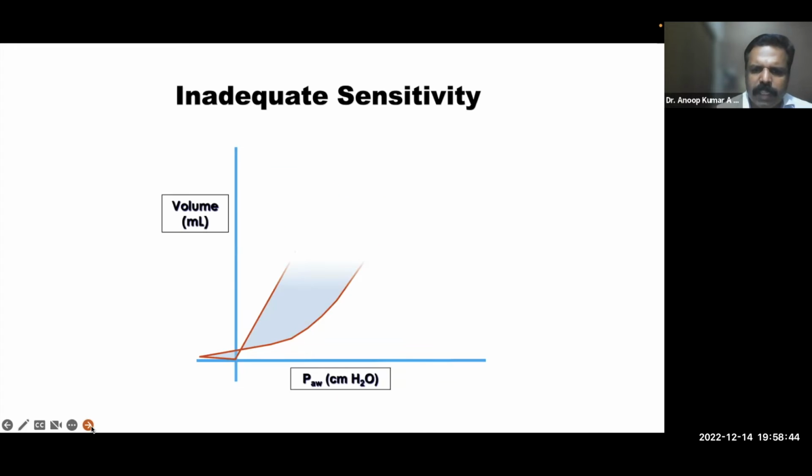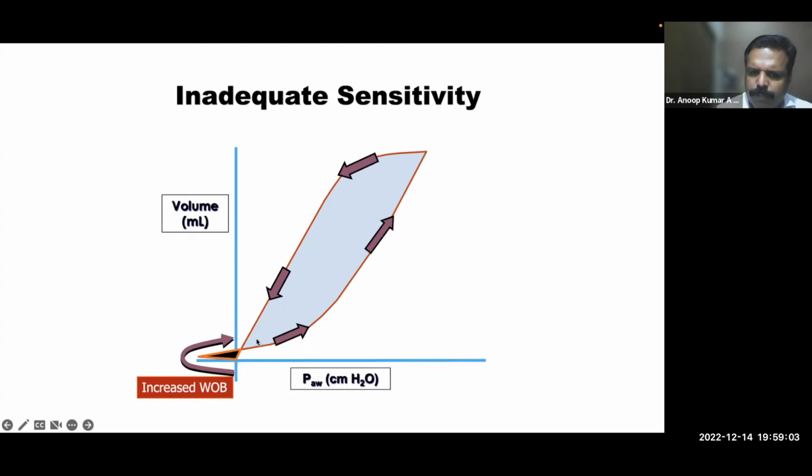Now we'll see how clinically we are going to utilize these parts. As I've already told, this is an assist controlled breath, where you can see patient triggering is happening. The patient is triggering, followed by an inspiratory flow, and the volume is getting generated here.